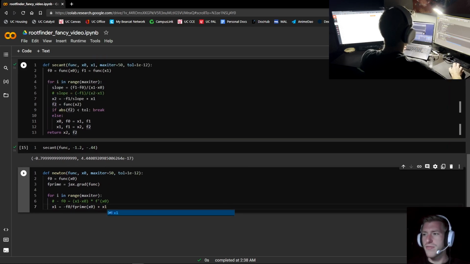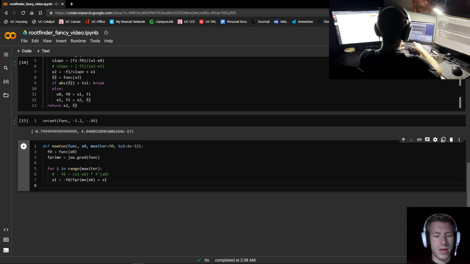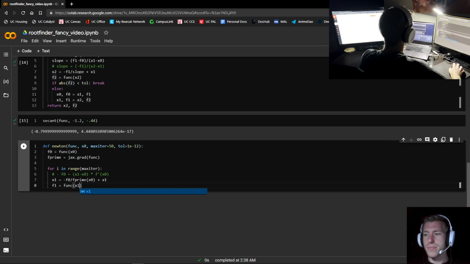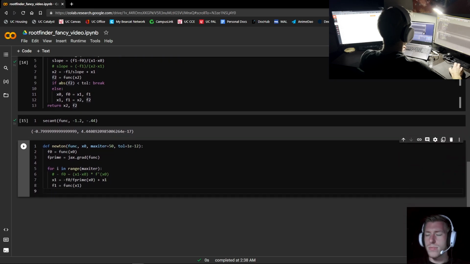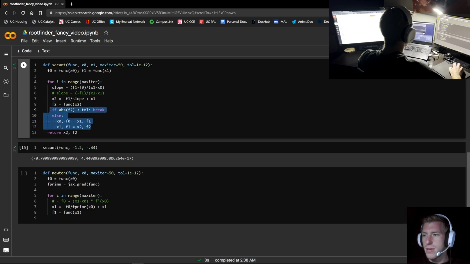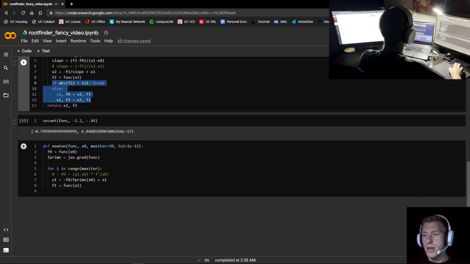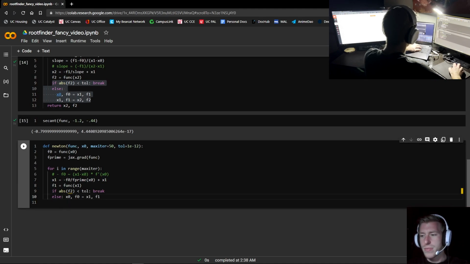So you can see it's a very similar function to what we did before. And then f1 is going to be equal to the function of x1, and then we can just copy this right here. Obviously we're going to change it up a bit because this is all we need, and we can change that.